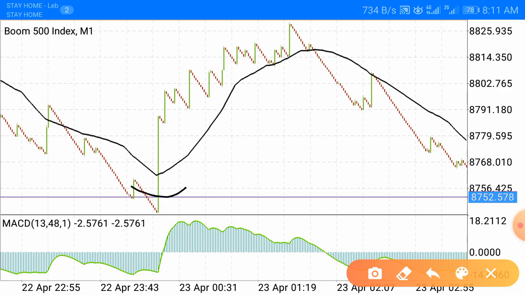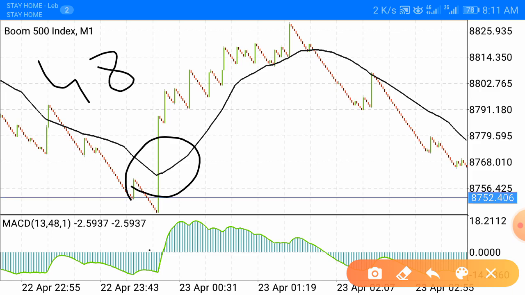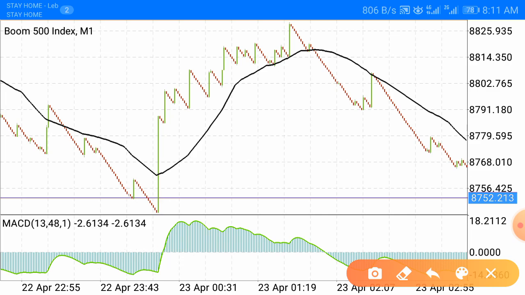Look here, once the candles cross the 48 moving average, and MACD is also going upward, it means that the market is going to buy. And look, this is your exit point. Once you see that MACD has started going down, it's time to exit your trade.